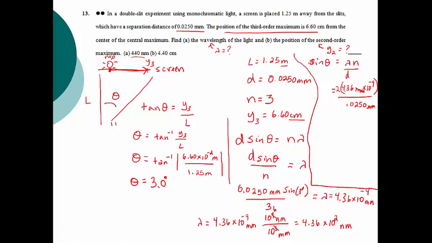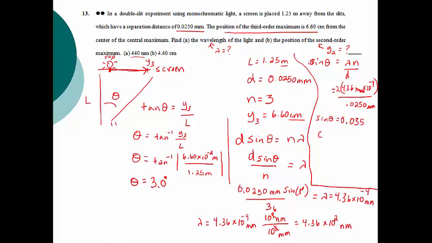That's important. So the sine of theta is going to be equal to 4.36 times 10 to the minus 4th times 2, and then divided by 0.025, and that gives me 0.035.